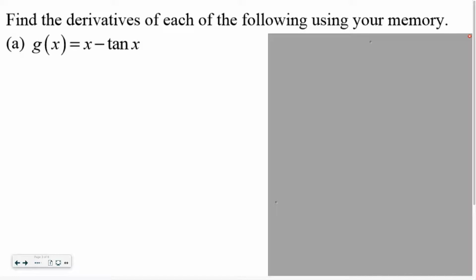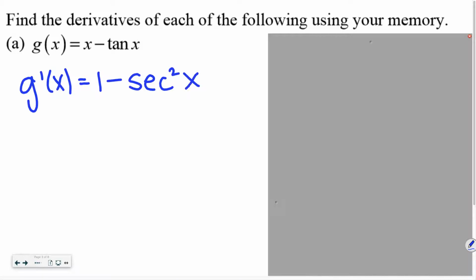Just so you feel less intimidated, turn to your neighbor, tell them what you got for the derivative, see what they got. All right, Lauren, what is your derivative? 1 minus secant squared x.